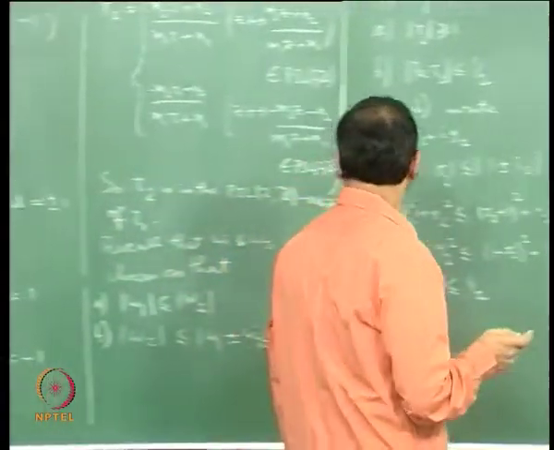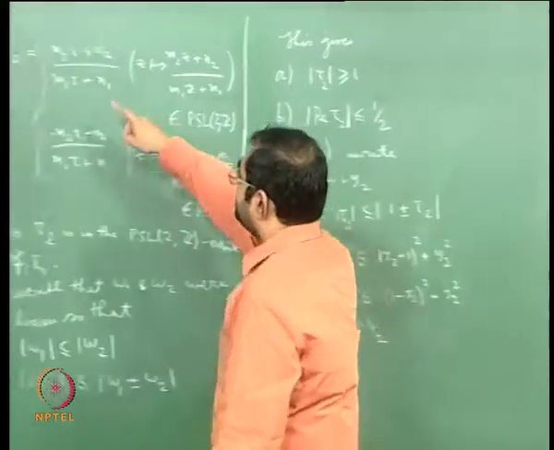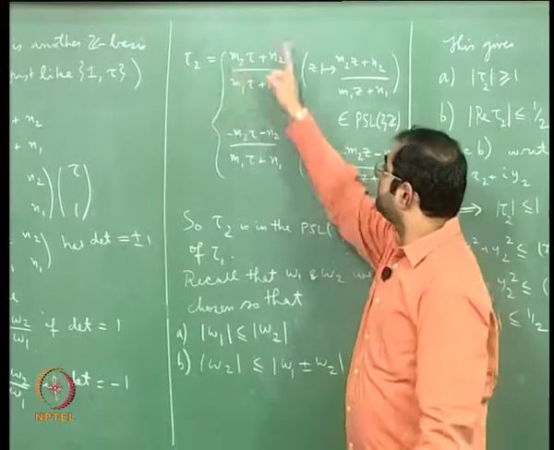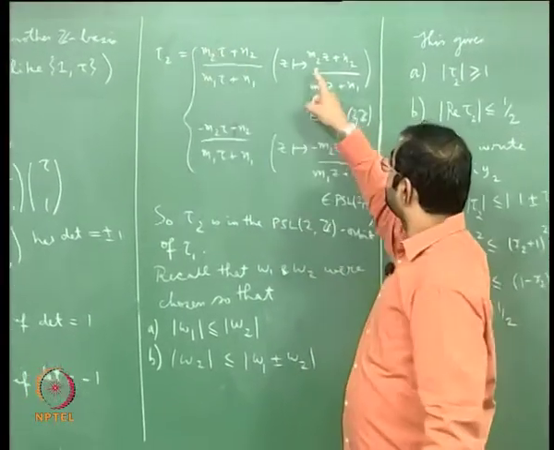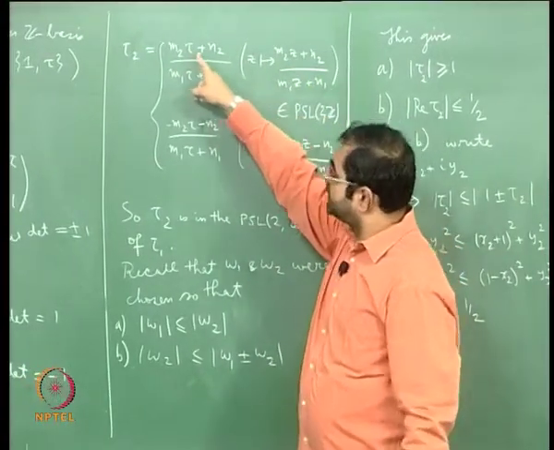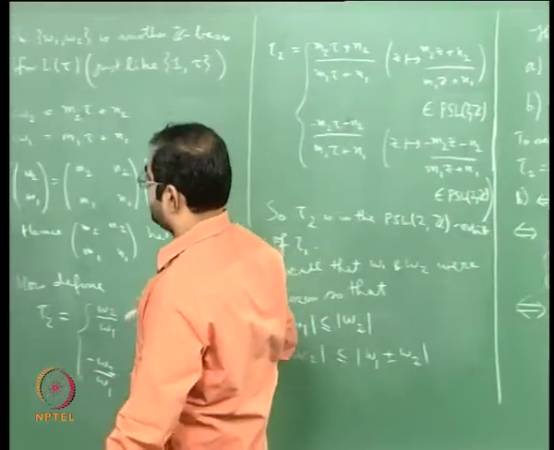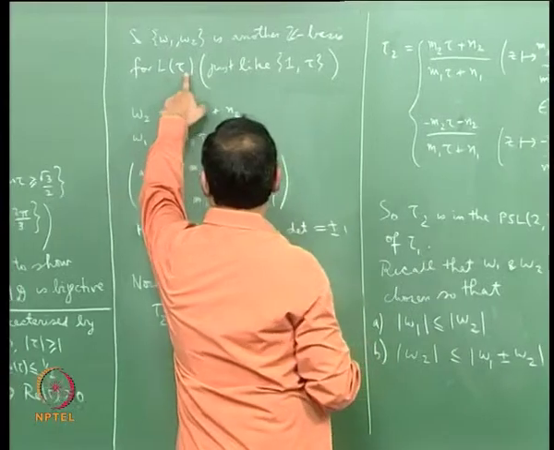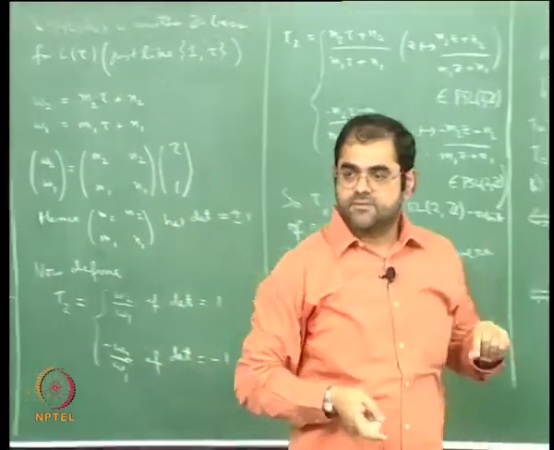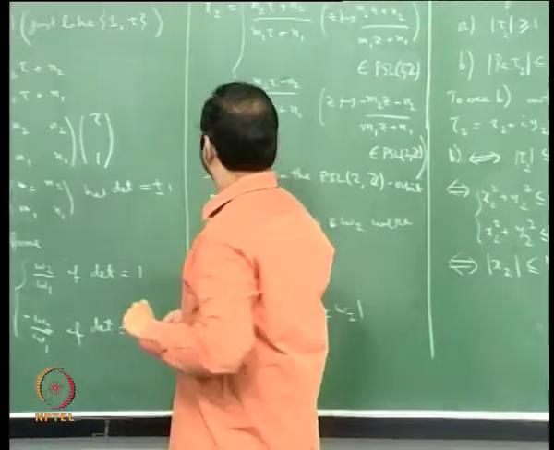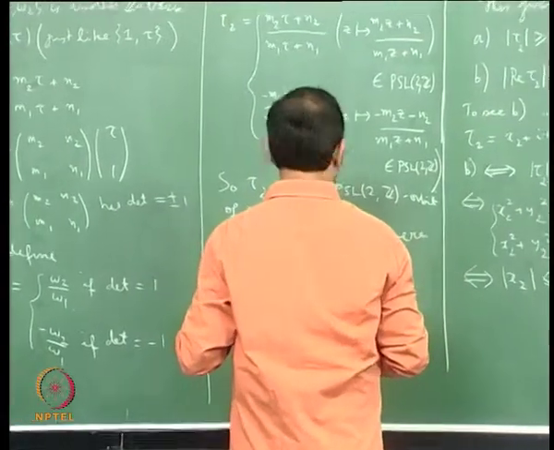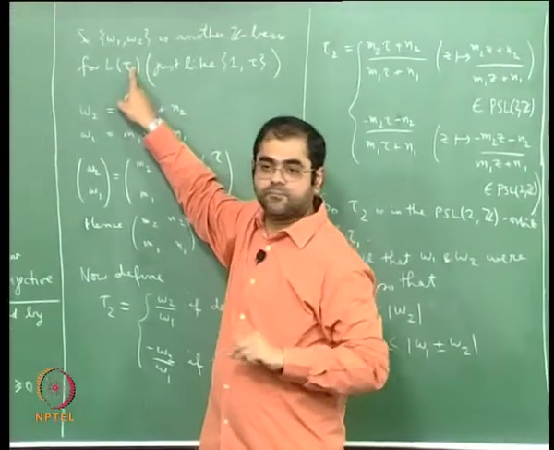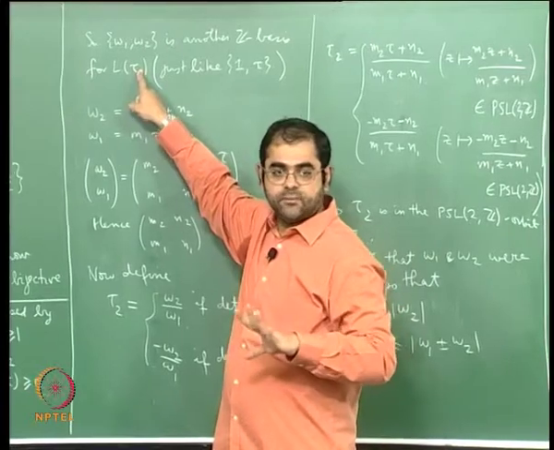The way I have written tau 2 is a PSL2Z translate of tau 1. At some point I missed it, so this tau is supposed to be tau 1. I hope you do not get confused.